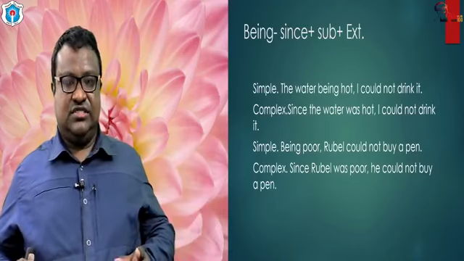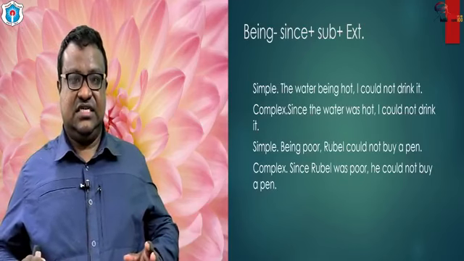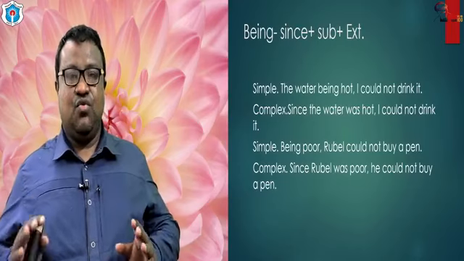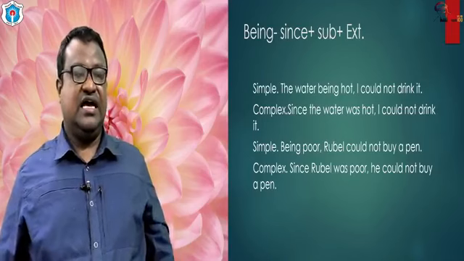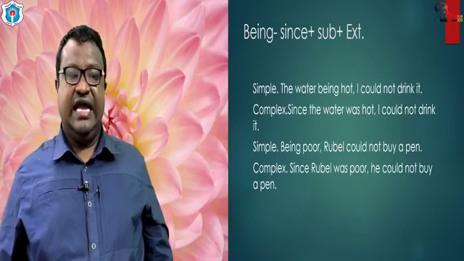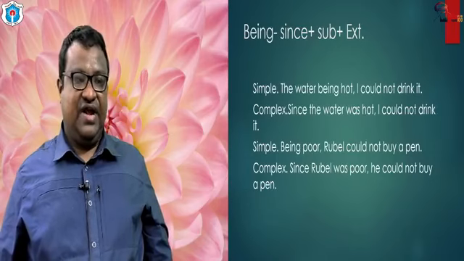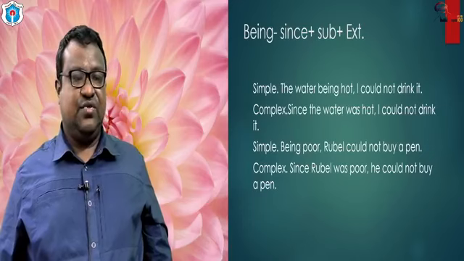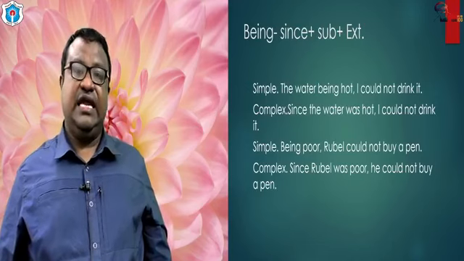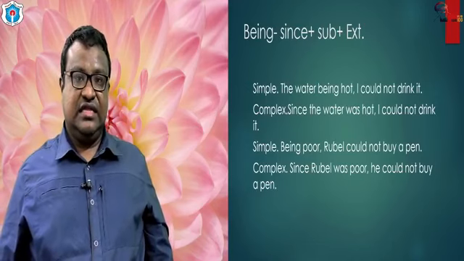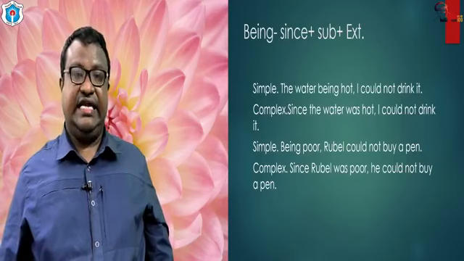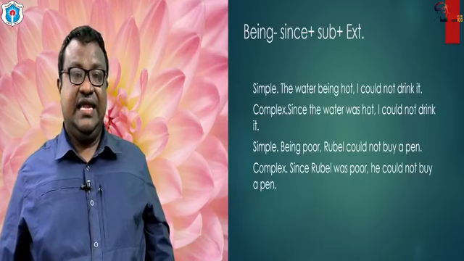And of course, we must be very much attentive about tense when we are transforming. For example, if the first sentence was like that, the water being very hot, I cannot drink it, and if I transform it like, since the water was very hot, I could not drink it, it would be a wrong one, because the question is saying that I cannot drink it, that is, it will be in present tense.